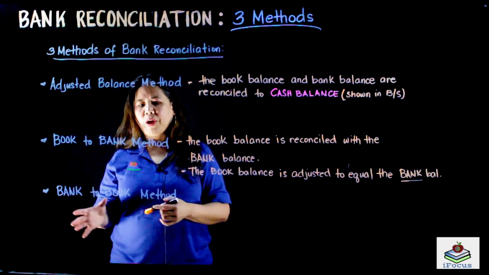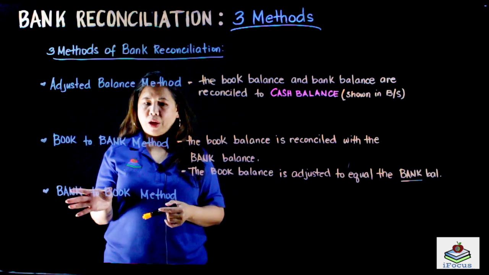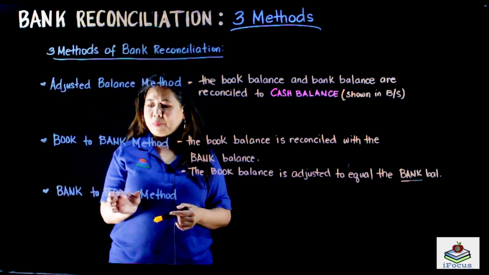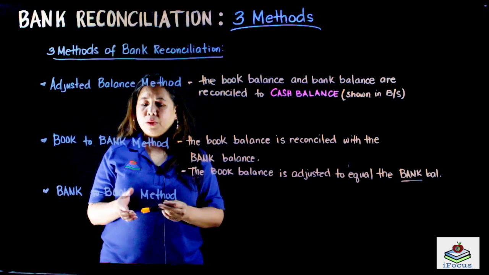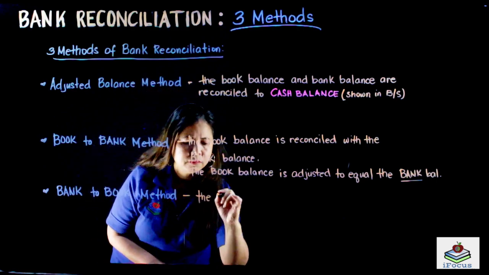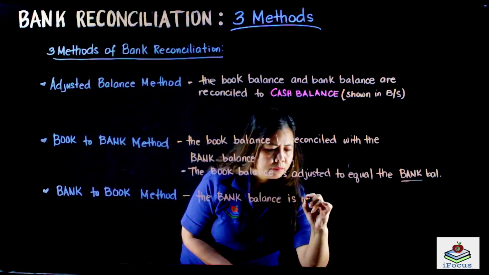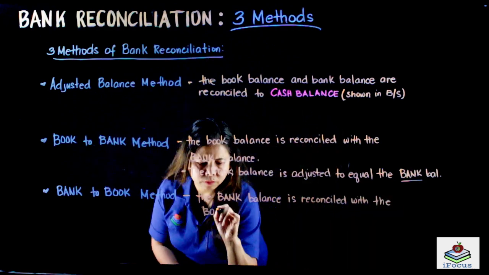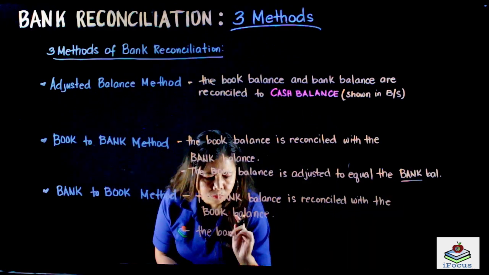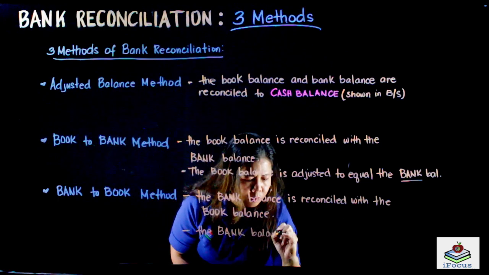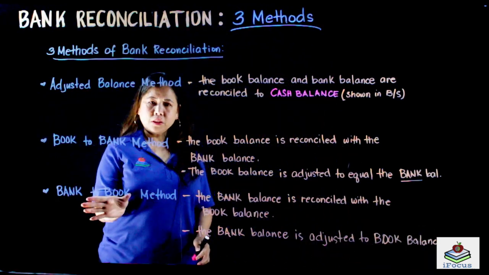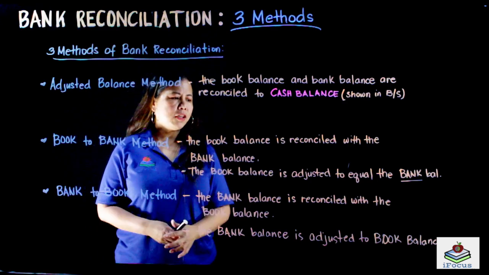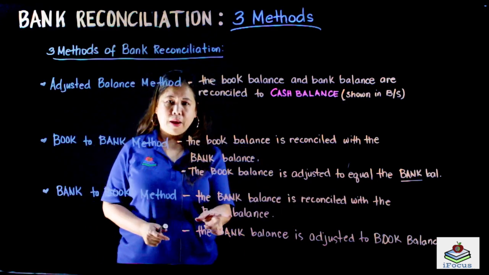It's the other way. The bank balance is reconciled with the book balance. Therefore, the bank balance is adjusted to equal the book balance. So on this method, the bank balance is reconciled with the book balance.